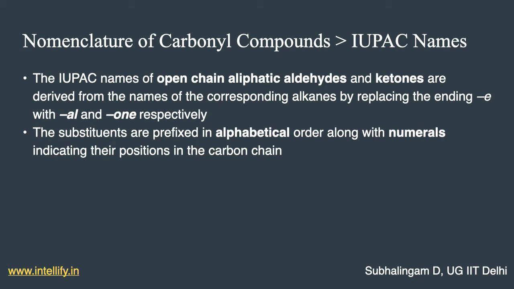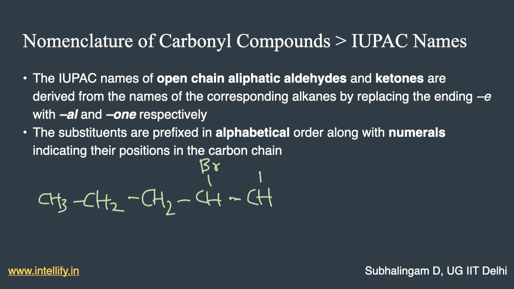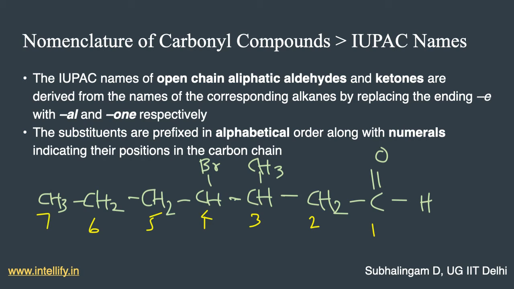The substituents are prefixed in alphabetical order along with numerals indicating their positions in the carbon chain. So suppose we take this compound. Let's try to name it. We have to go from the right because CHO is preferred. So we start numbering from the right: 1, 2, 3, 4, 5, 6, 7.